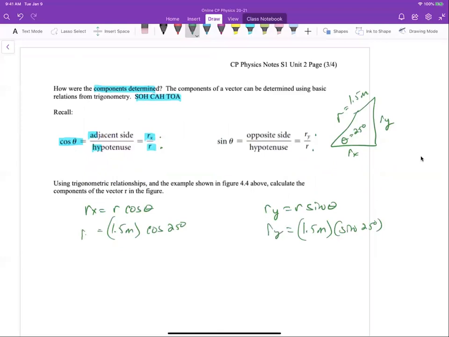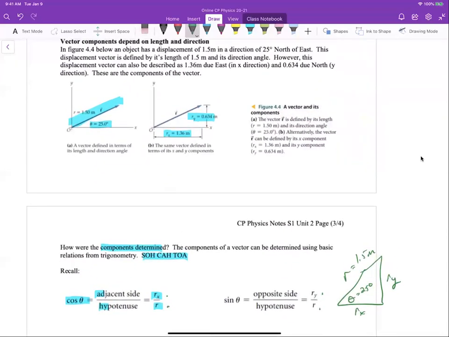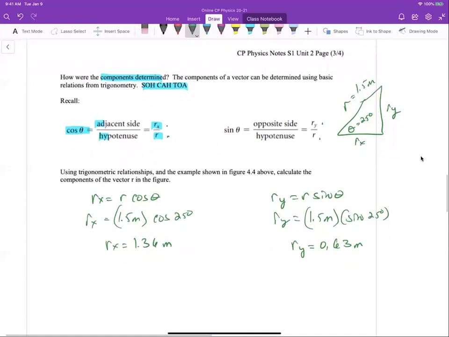So Rx is 1.5 times cosine 25, which equals 1.36 meters, rounding to 2 decimals, and 1.5 times sine of 25 gives 0.63 meters. Let's check our answer. Sure enough, they went to 3 decimals, no big deal. So here are the components of that vector.